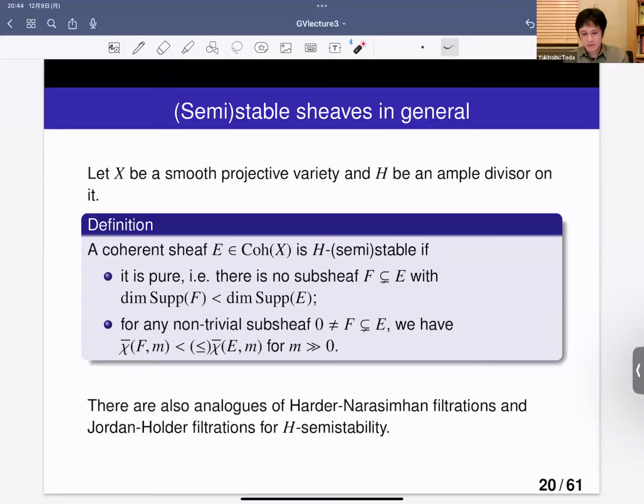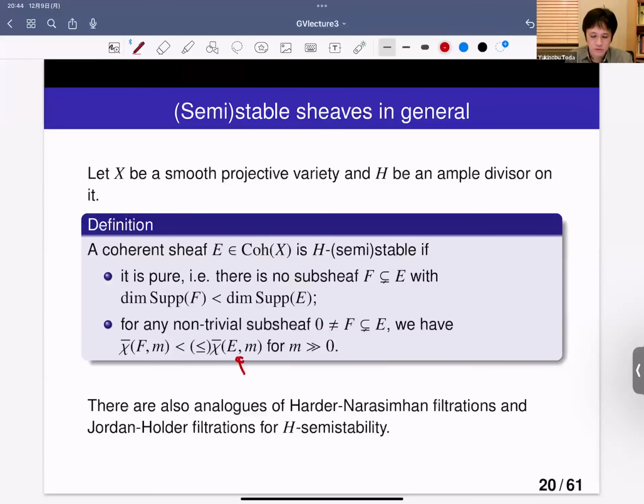And then this corresponds to the inequality of slopes: for any non-trivial subsheaf, we have the inequality of the reduced Hilbert polynomials. And the order is that we have this inequality when m is sufficiently big.